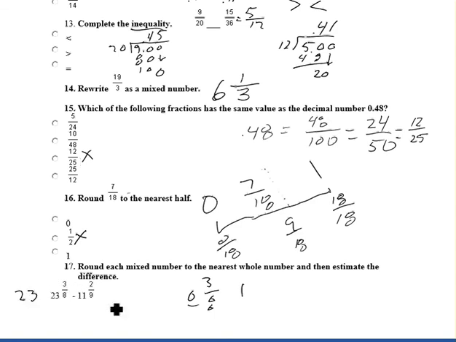And then is 2/9 closer to 0 or 1, which is 9/9? 2/9 is closer to 0/9 than it is to 9/9. So I'm going to leave this as 0. So it's this 23 minus 11. 23 minus 11 is 12. That's my answer. And it's an estimation because we just rounded the fractions off.